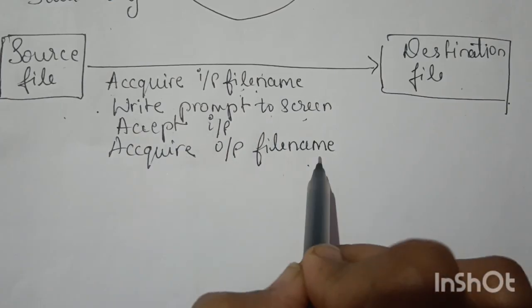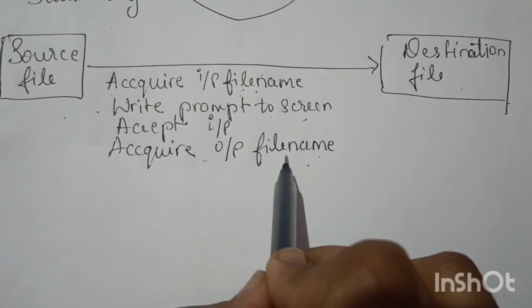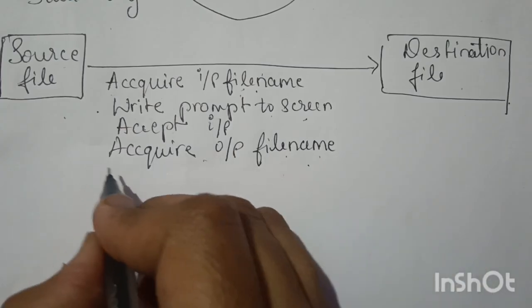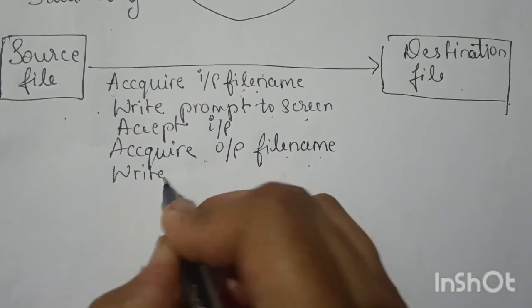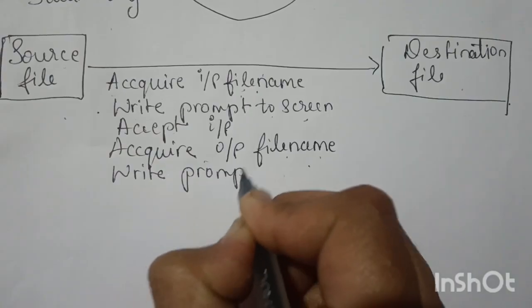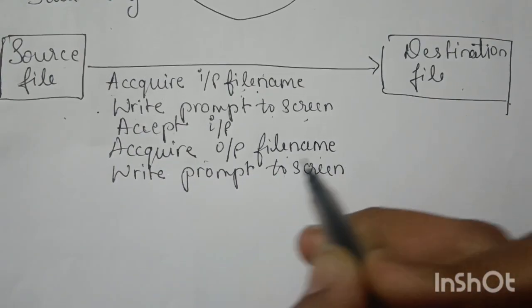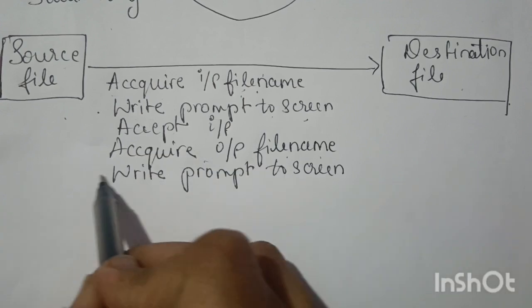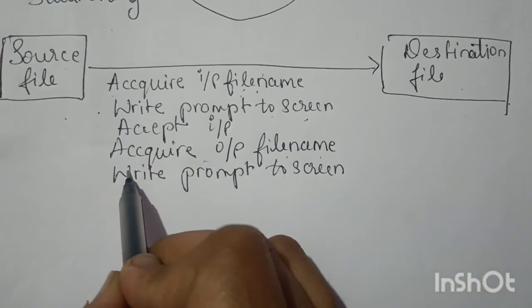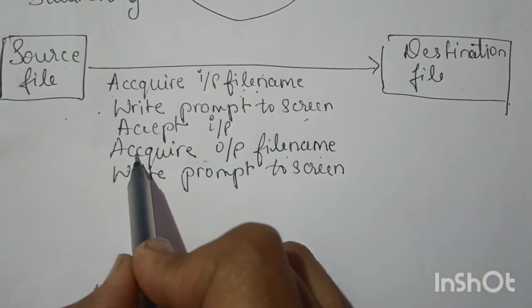Then to which file should I copy? You have to mention the output file name, and you will not know how to give it unless you are asked. In the same way the operating system again generates a system call, asking for what output file I should copy to.